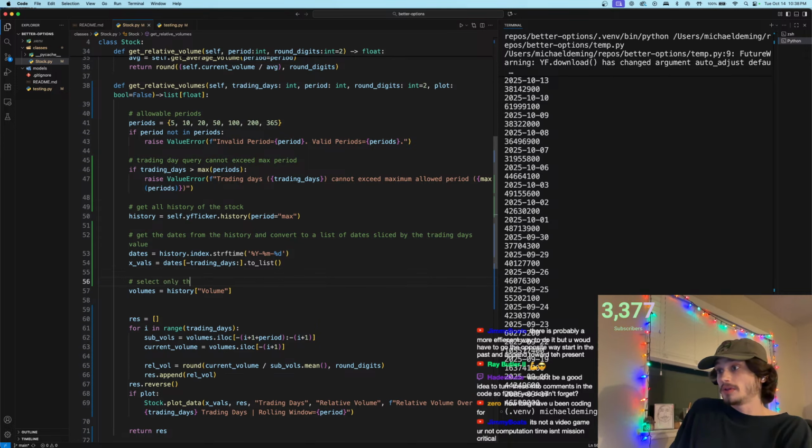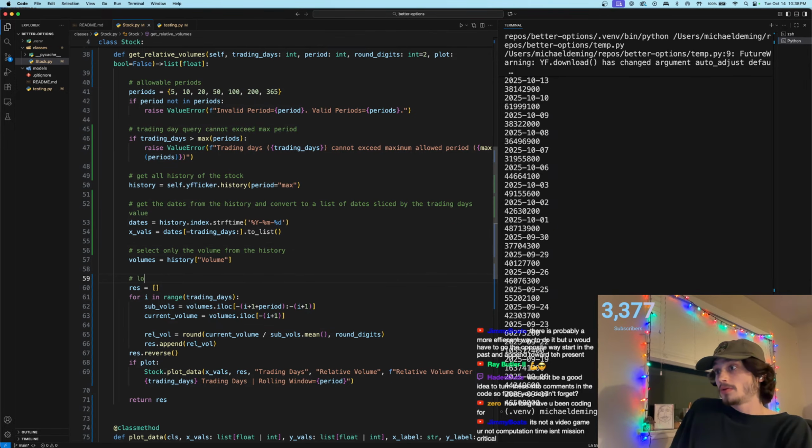Select only the volume from the history. Loop for each trading day, and compute a relative volume for each day in the past.